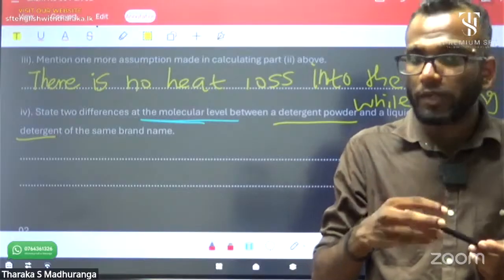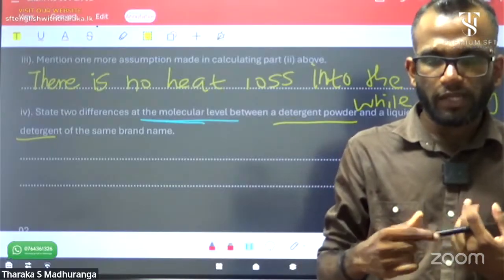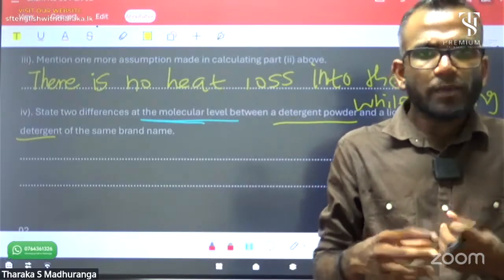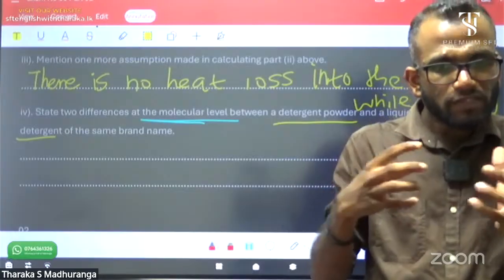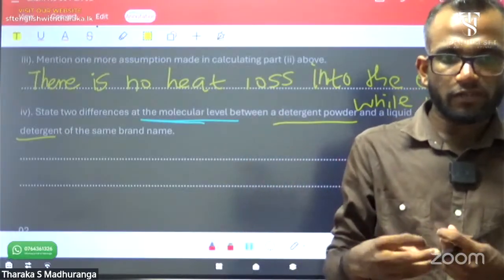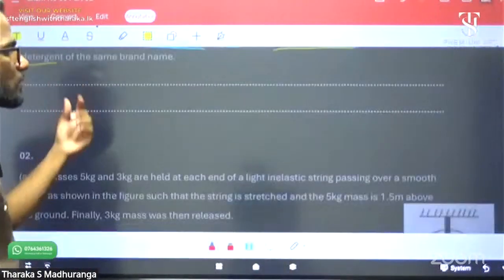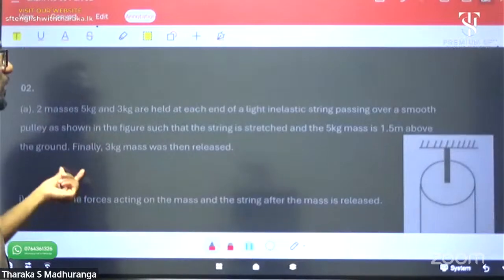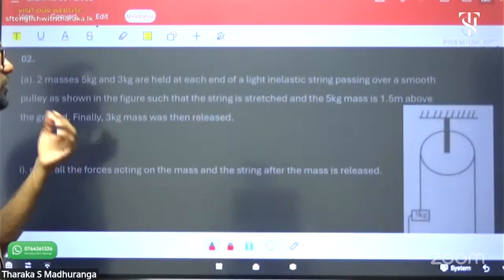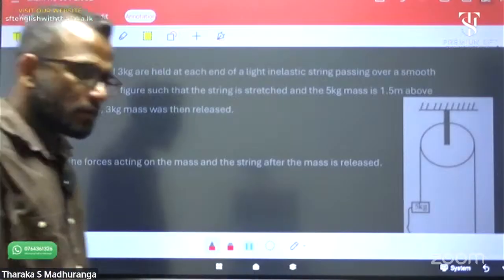Solid, very low molecule kinetic energy, but liquid comparatively greater molecule kinetic energy. How about molecule spaces? Molecule spaces very low in solids. Liquid is greater than solid. Okay, they are the differences. Okay, come to question number 2. It's a very good question.